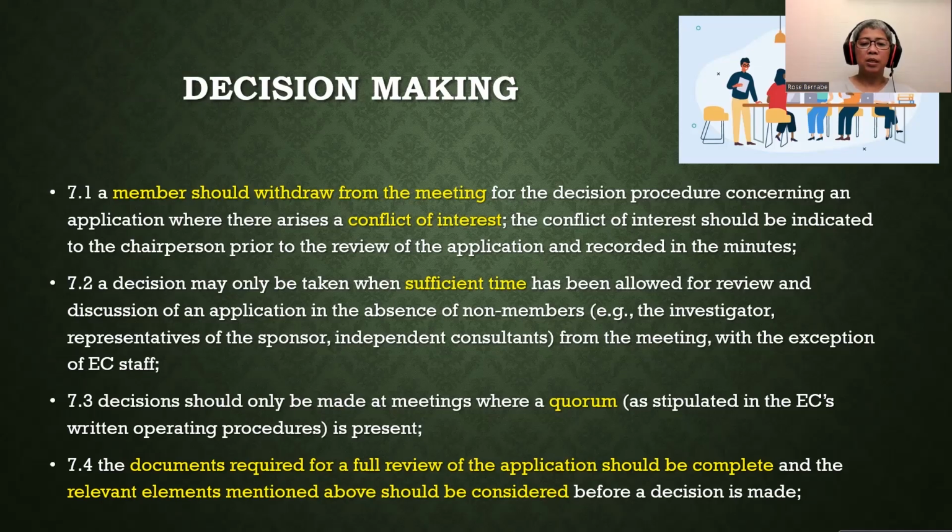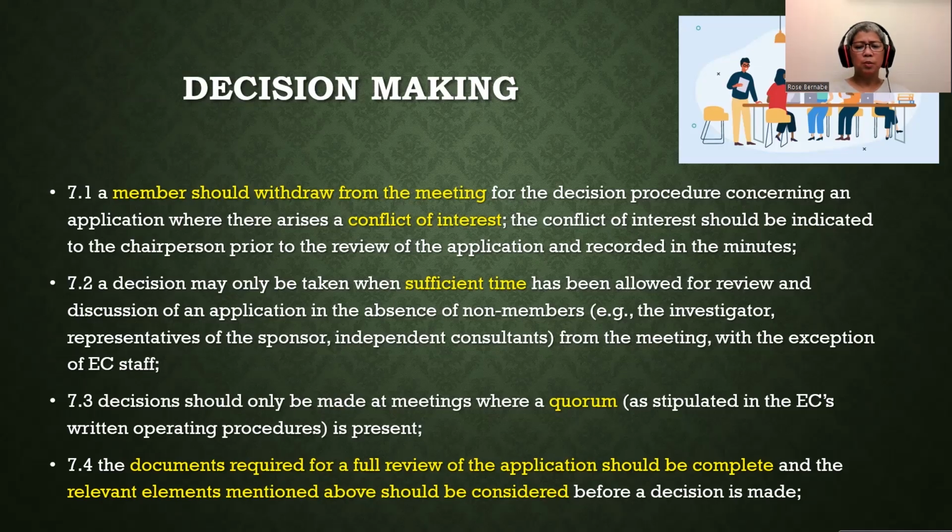A decision may only be taken when sufficient time has been allowed for review and discussion of an application in the absence of non-members from the meeting, with exception of ethics committee staff. So ethics committees must be given enough time to read through the protocols, to deliberate on them, to ask questions and have these questions answered, right?